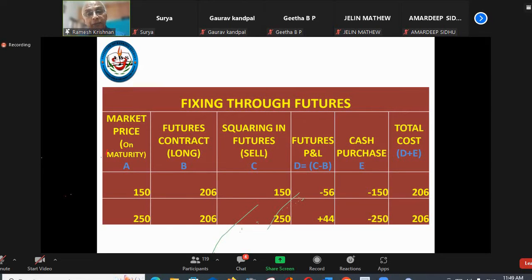That is a squaring process. So the net difference between your buying rate and selling rate, if it is profit, your P&L account with the exchange will be credited. If it is loss, your trading account with the futures exchange will be debited. So that is the process in D, C minus B. There no physical movement of cement is happening. Now have I clarified?